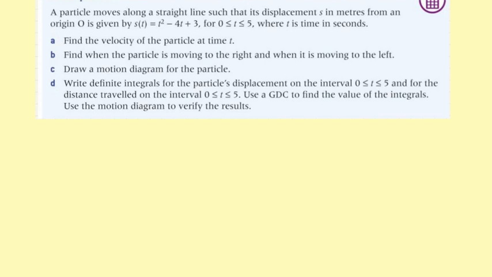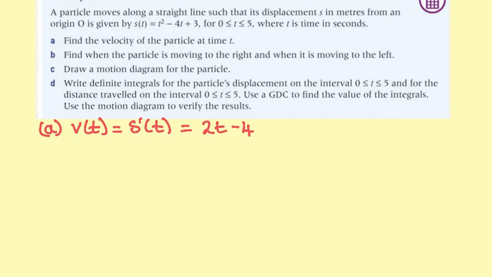Part A. Find the velocity of the particle at time t. The velocity of the particle is given by the differential of the displacement equation. Therefore, the velocity is the differential of the displacement, which is equal to 2t minus 4.